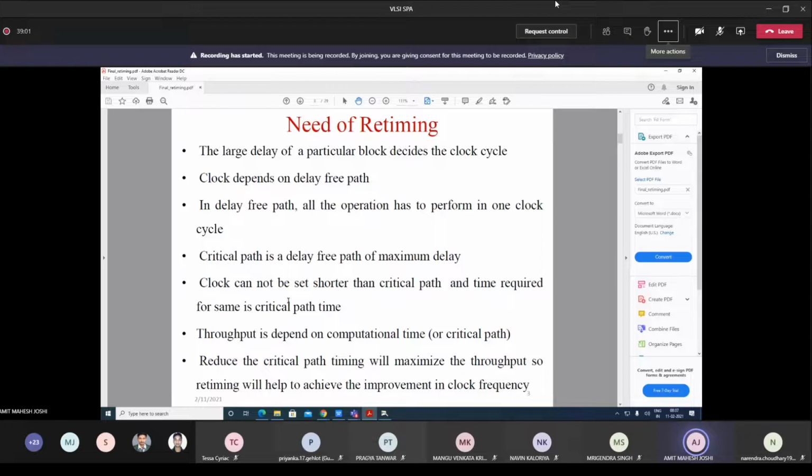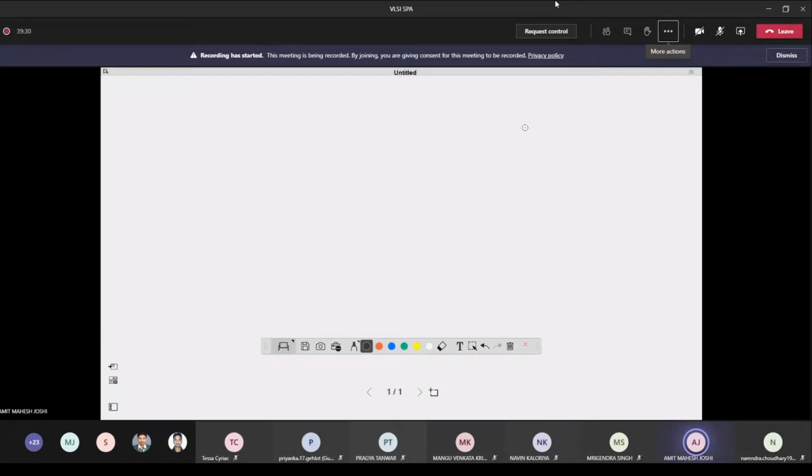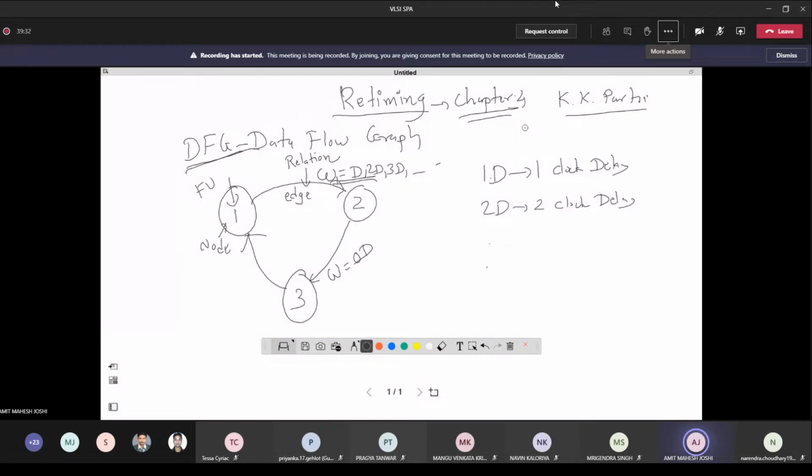Those delays could be of any integer value. Let's say functional block 1 has a delay of 4, functional block 2 has a delay of 5, functional block 3 has a delay of 6, and all the remaining functional blocks have a delay of 1.